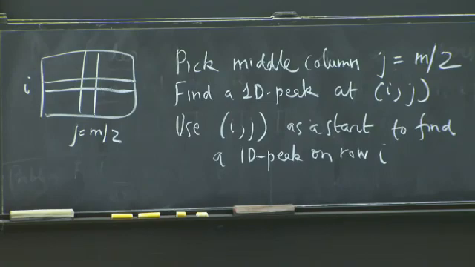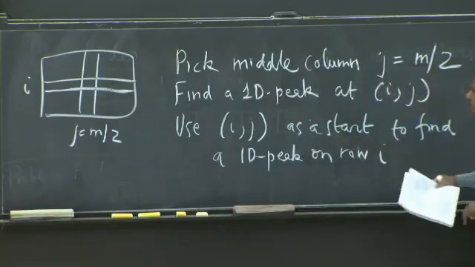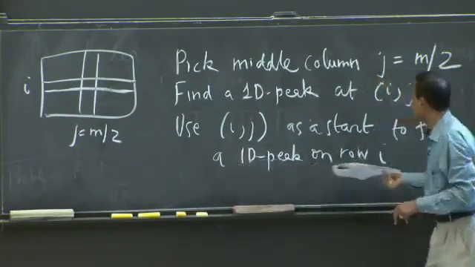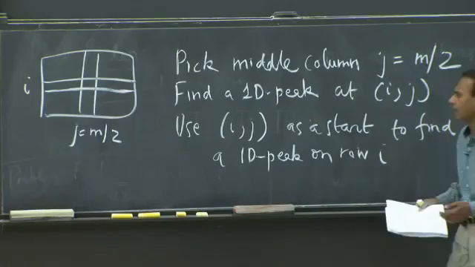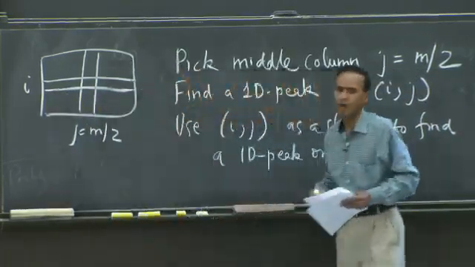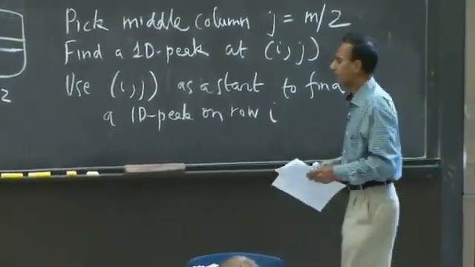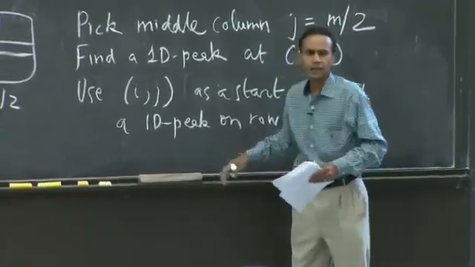Yeah, log n complexity, thanks, Eric. And then once I do that, I can find a 1D peak on row i. In this case, the row i would be m wide, so it would be log m complexity. If n equals m, then I have a couple of steps of log n, and I'm done. Right? Am I done?